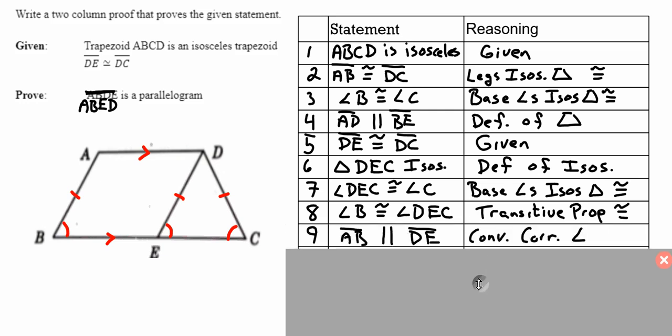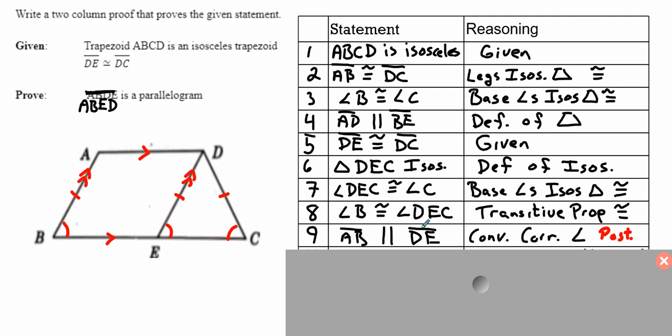Well, now that I know that they are congruent, I can say with certainty, and I'm going to put 2 marks here, that AB is parallel to DE, because that's the converse of the corresponding angle postulate, I think. I forgot to, I'll just write that in there, postulate. Not super important, but if I know the corresponding angles are congruent, I can assume that the lines that form them are parallel.